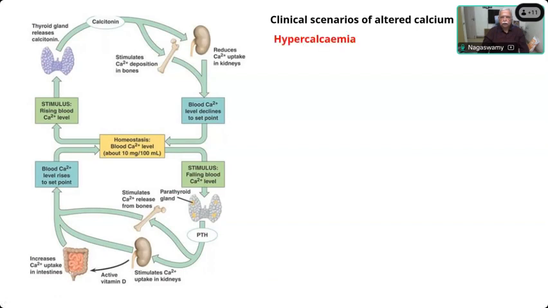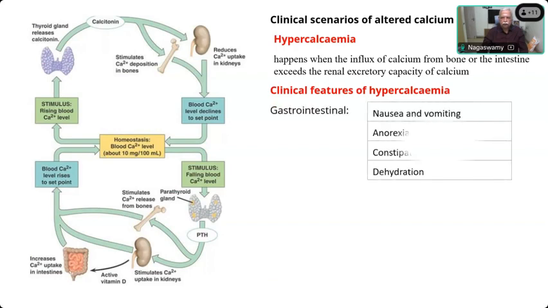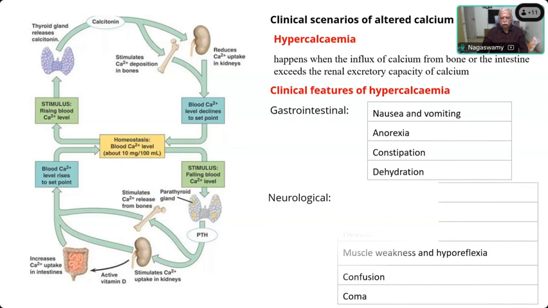Now the clinical scenarios of altered calcium. Hypercalcemia happens when there is an increased influx of calcium. And what are all the clinical features? In the GI tract, you may have nausea, vomiting, anorexia, constipation. Neurological: you have lethargy, fatigue, headache, muscle weakness, confusion, and coma.